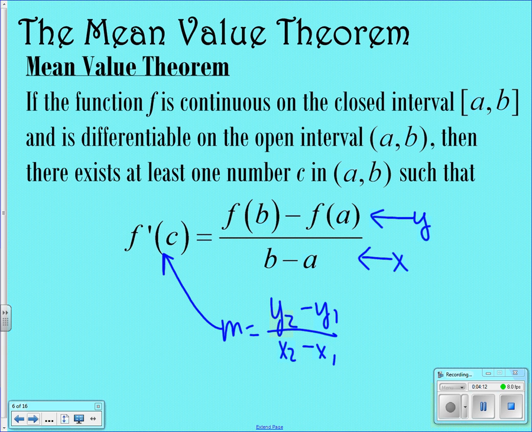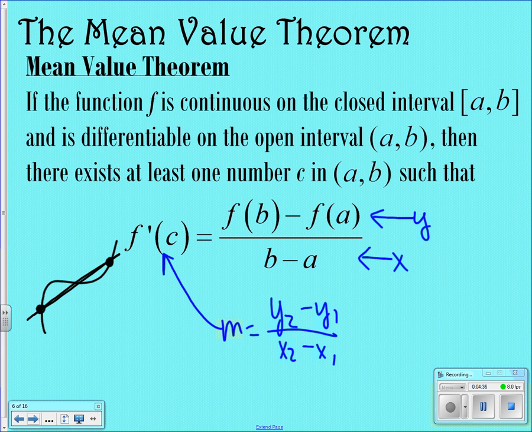And it's just saying if you have a continuous function and it is differentiable, then there is some number c that actually equals what the slope from a to b is. So if I have a function here, and I'm going to look at this point to this point, and you connect it.